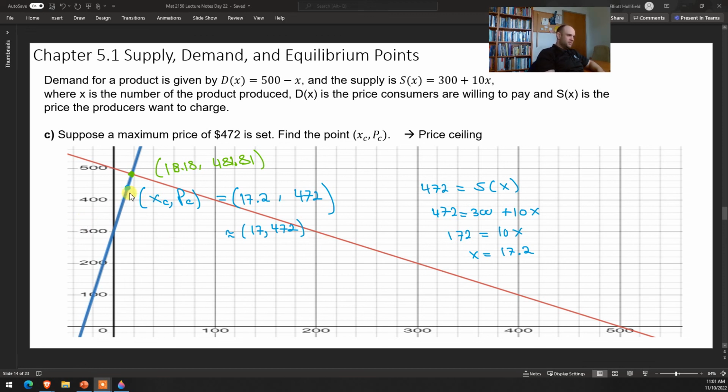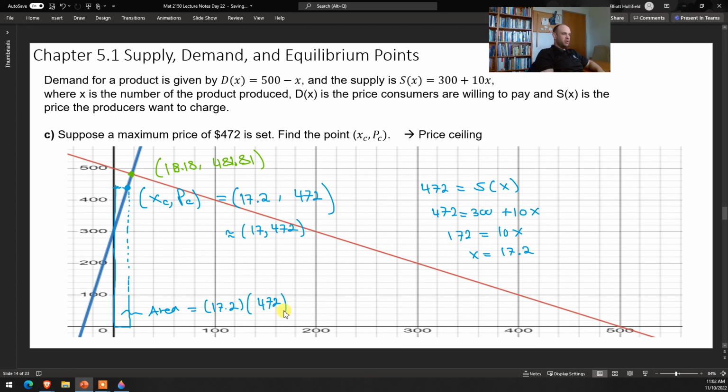And like we did before, we can draw the corresponding rectangle, where the area of that rectangle is given by the product of the number of units produced multiplied by the price point for that number. Gives us 17.2 times 472.